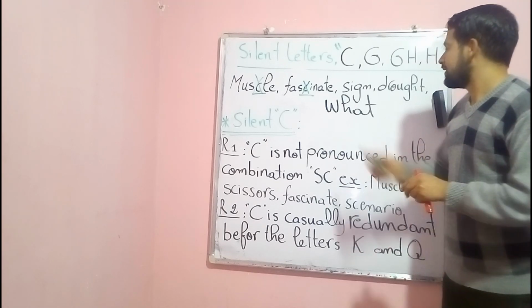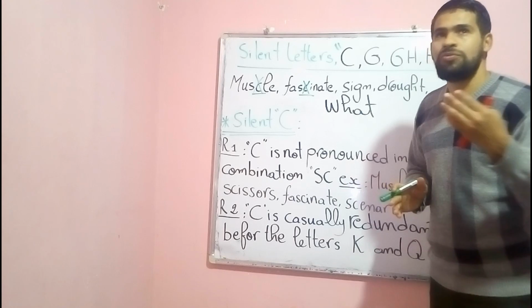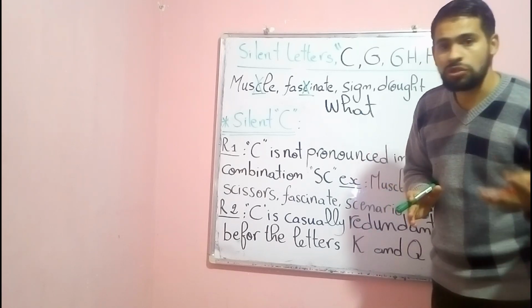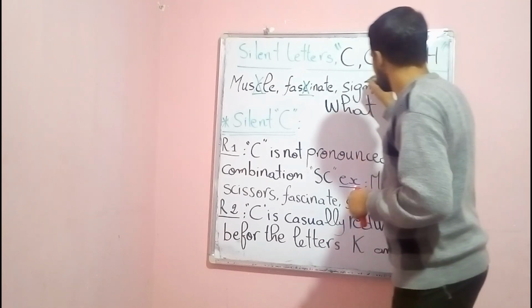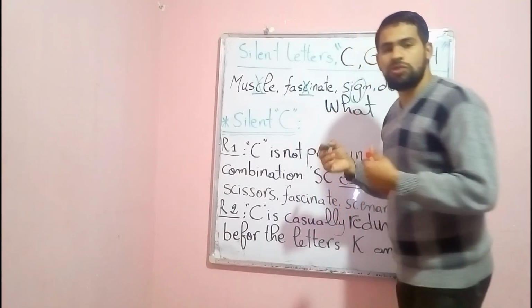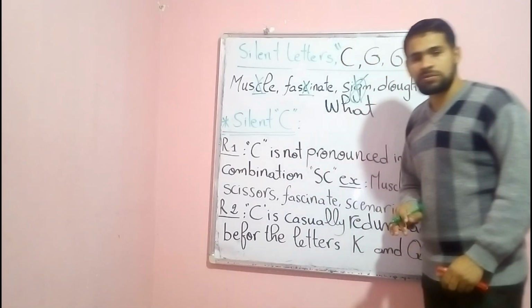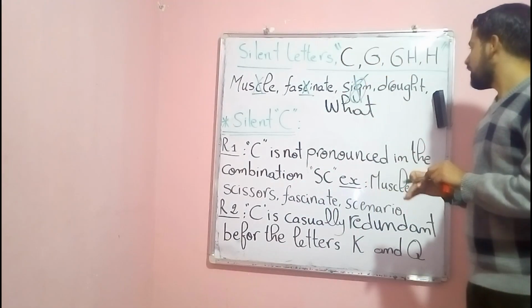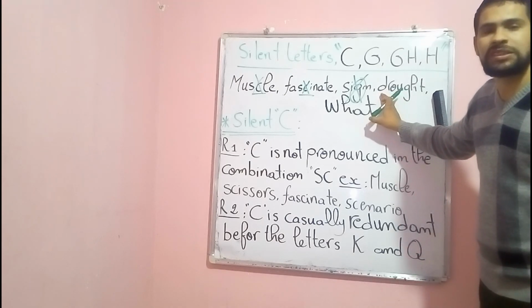Now, sign. I heard the sound s, I heard the sound n. Did I hear the sound j or g? No. So it's not pronounced. It is silent. Again, we have the word here, draft.